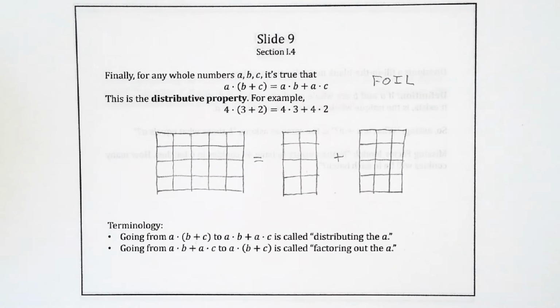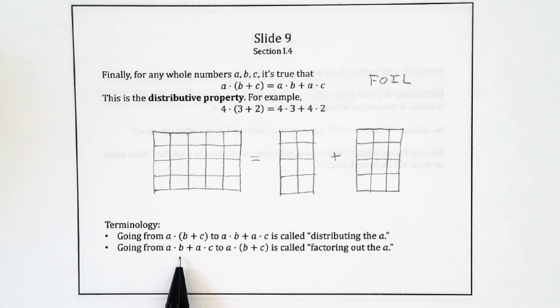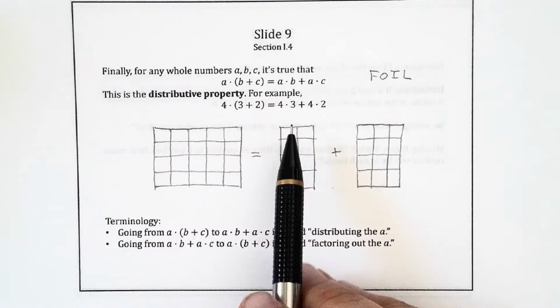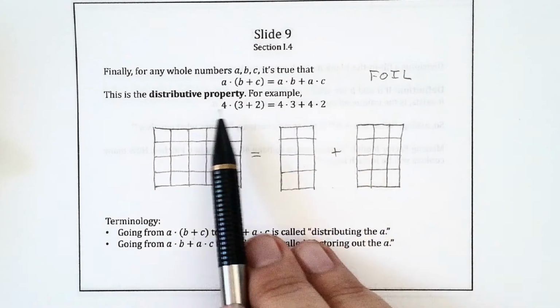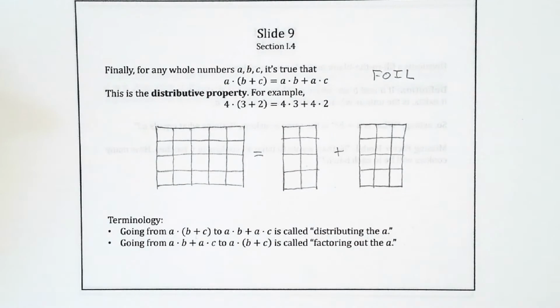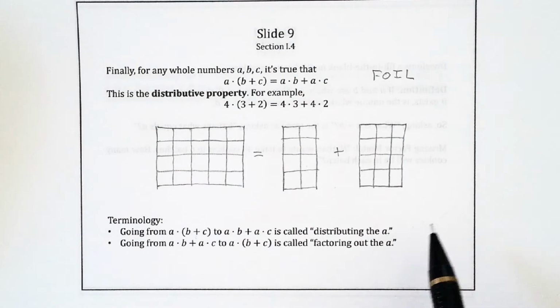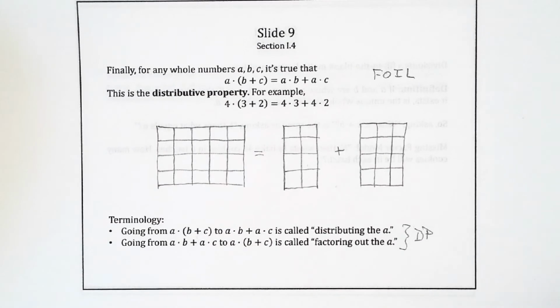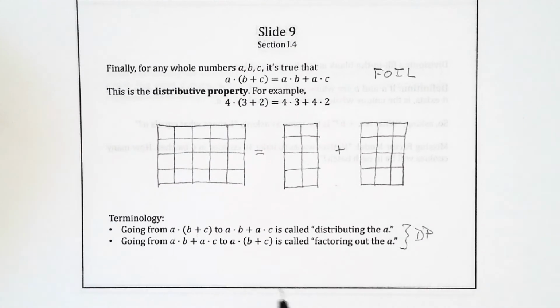If you go the other direction, from a times b plus a times c to a times (b plus c), that's called factoring out the a. So if I'd started with the right-hand side and then I wrote it like the left-hand side, I'm factoring out the 4. Either way, it's the distributive property. So it's the same property, but you refer to its usage in 2 different ways.